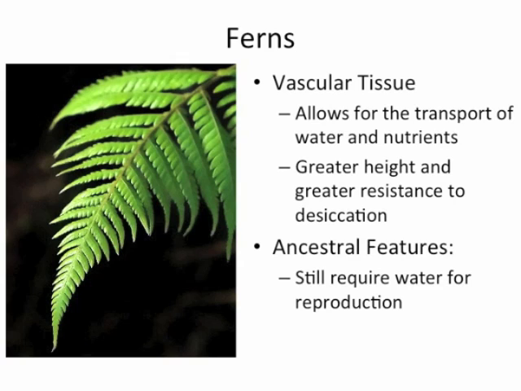So ferns will actually live in more habitats than you'll see mosses, but they still require water for reproduction. So whereas mosses needed water for reproduction and water to survive, ferns can survive being drier, but they still require water for reproduction. So at least part of the year, they have to be in a very wet environment in order to survive.